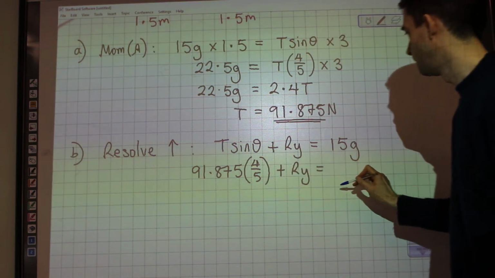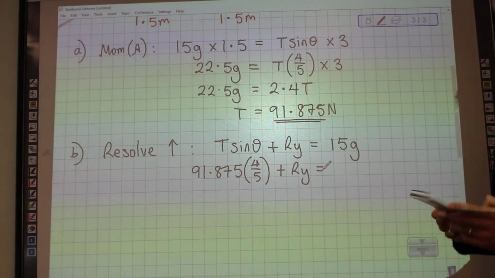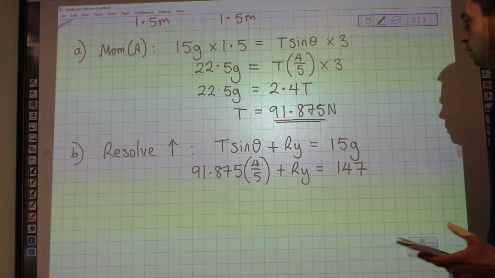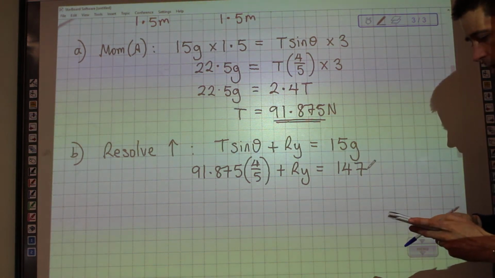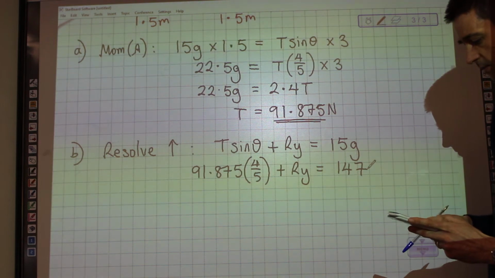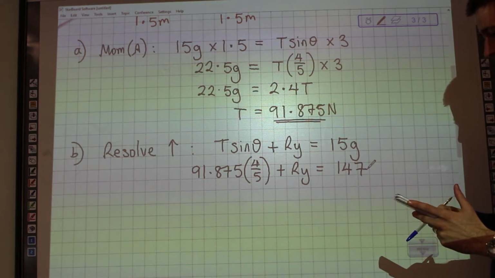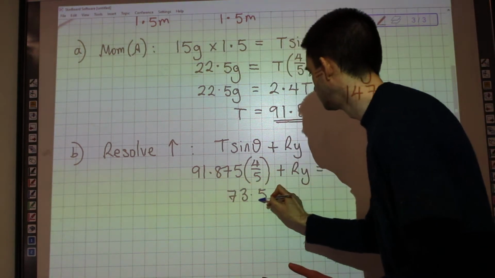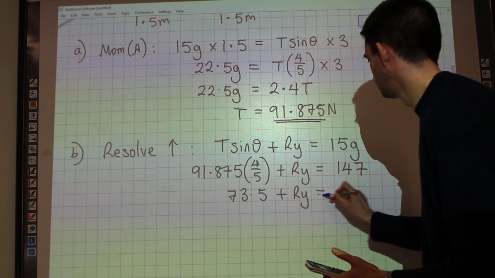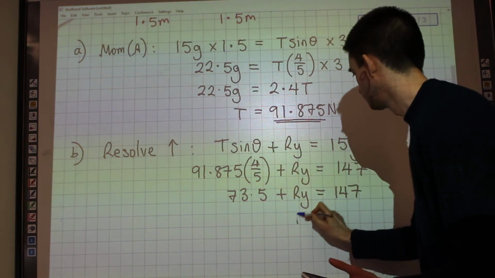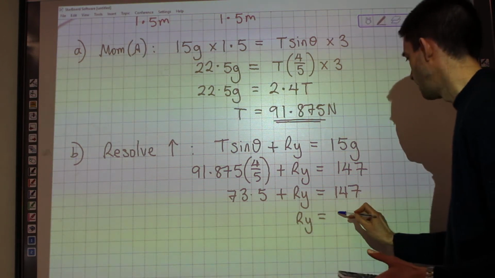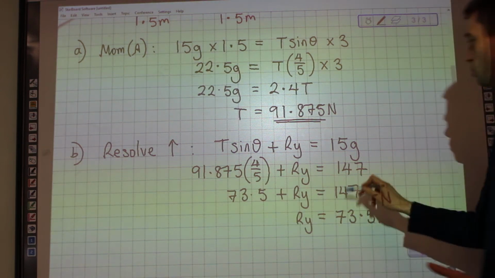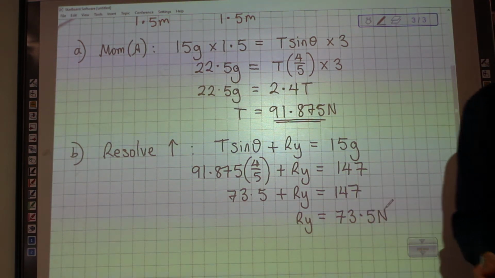Plus the reaction at y is 15g, which as a number, 15 times 9.8 is 147. 91.875 times 4/5 is 73.5, which means the reaction at y is 73.5 newtons, subtracting 73.5 from 147.